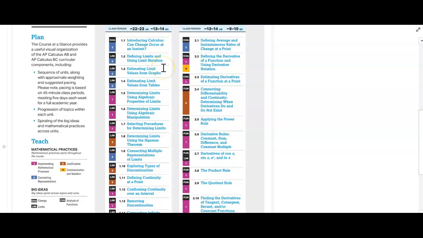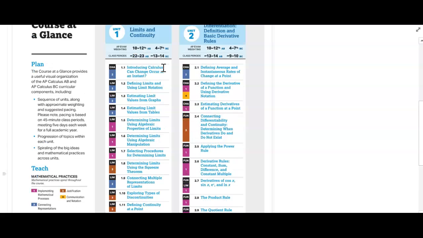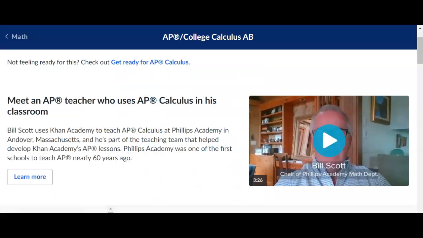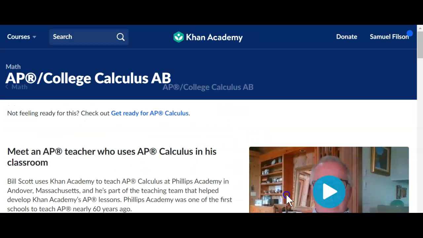All right. One thing that is super, super cool about what we will be doing, and you'll have access to this next year as well, is that because AP is super aligned with Khan Academy through College Board, there is an entire AP Calc AB page on Khan Academy. And as you look through it, you will see that there are a bunch of different units.